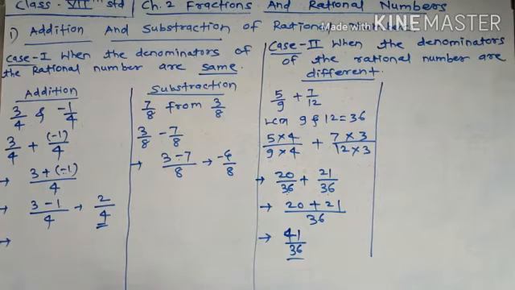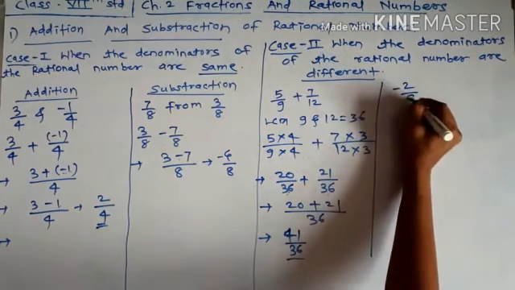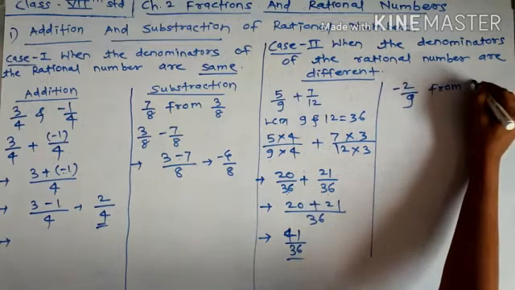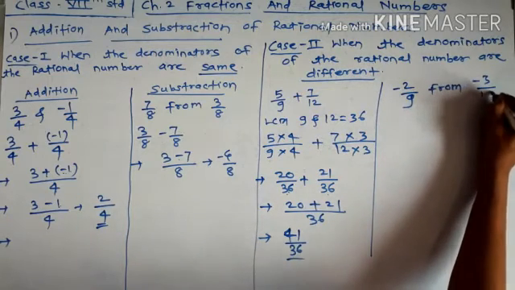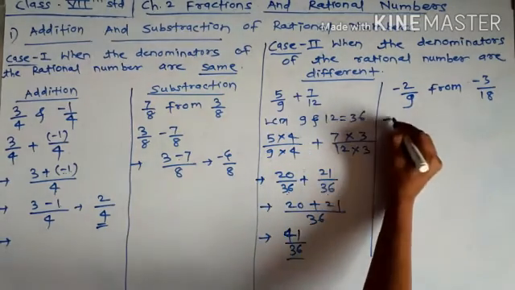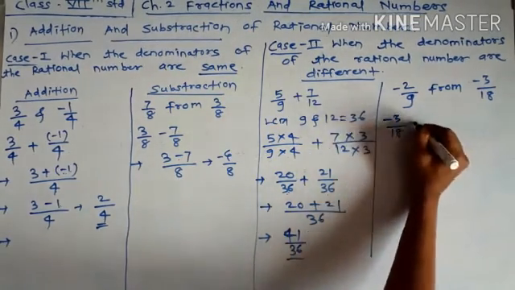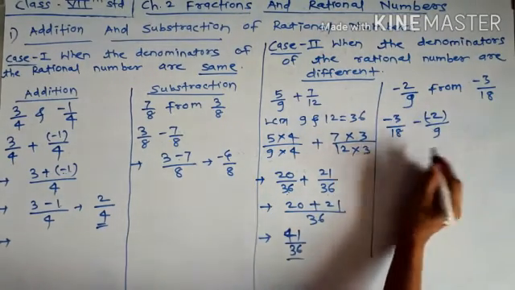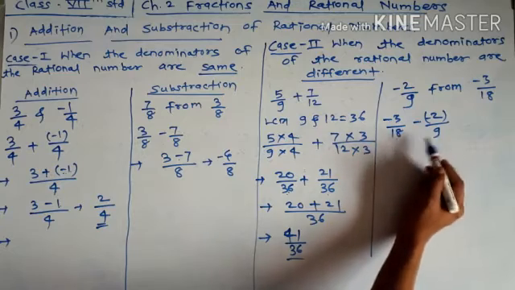And for subtracting two rational numbers, for example here, minus 2 upon 9 from minus 3 upon 18. So for subtracting two rational numbers, that is minus 3 upon 18 minus 2 upon 9, here also these two denominators are different.